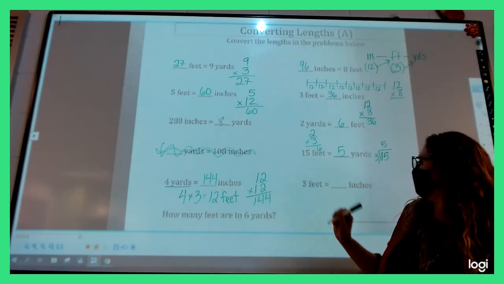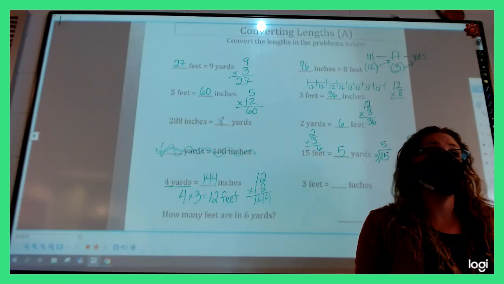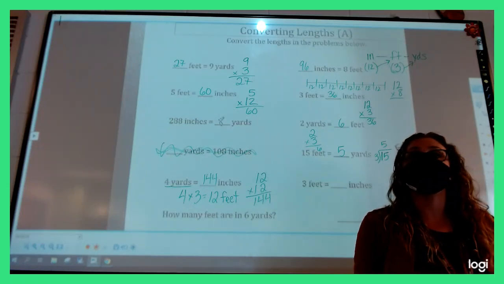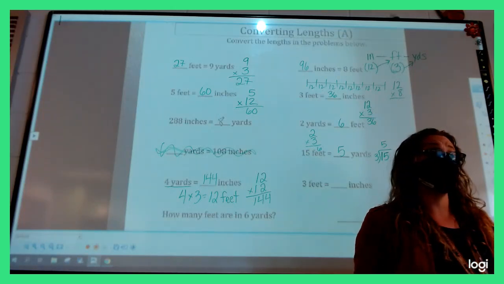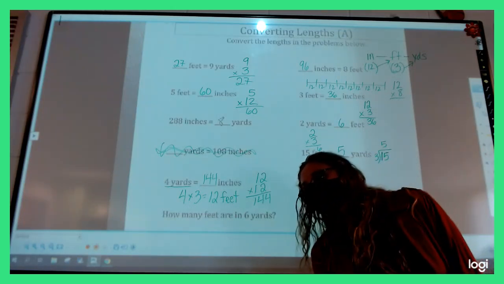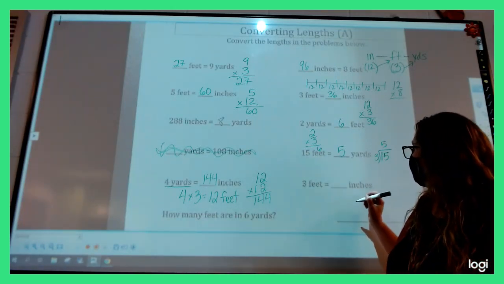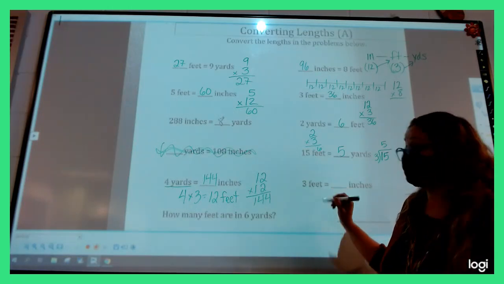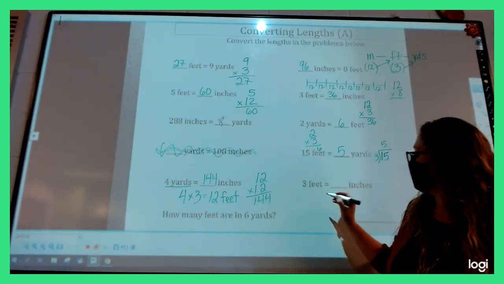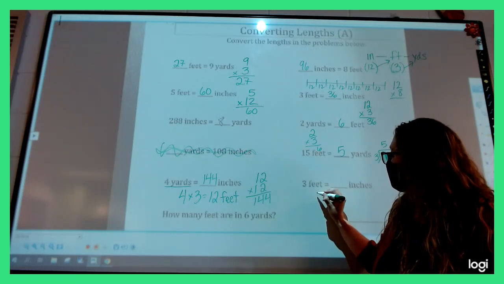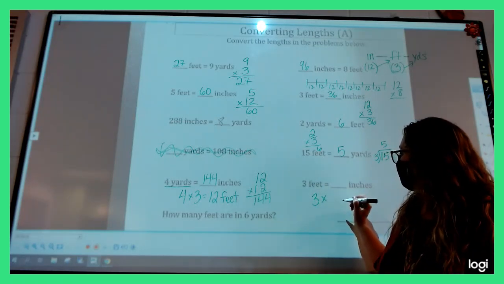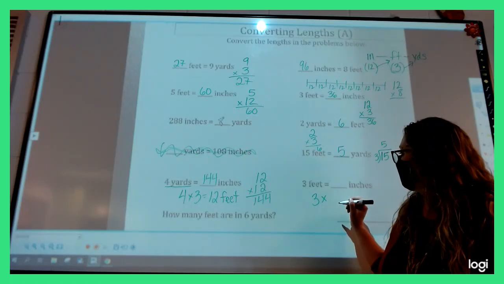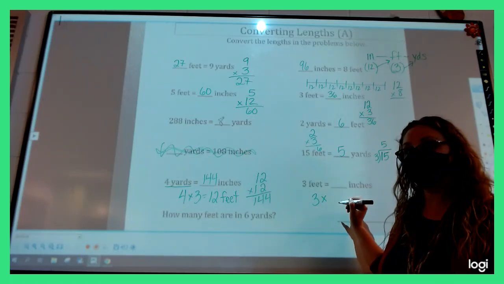All right, one more. 3 feet is how many inches? Okay, someone be brave. What math equation do we need to write to solve it? Chloe? Multiplication. So what are we going to multiply, Chloe? 3 feet and 3 inches.